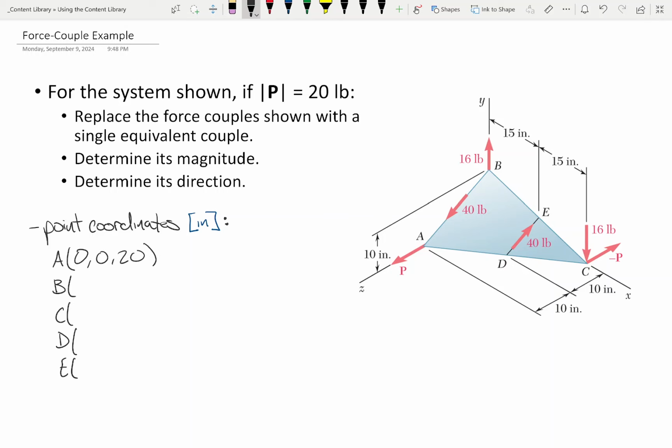How about point B? 0, 10, 0. Okay. So I'm going to go ahead and write the rest because I'm hoping that by now this is easy.